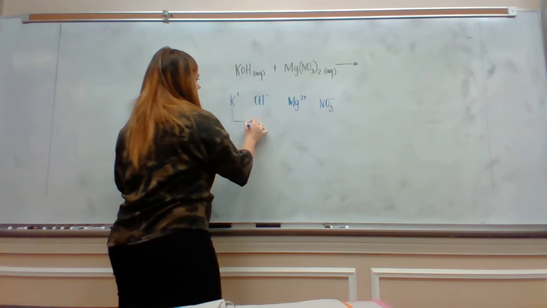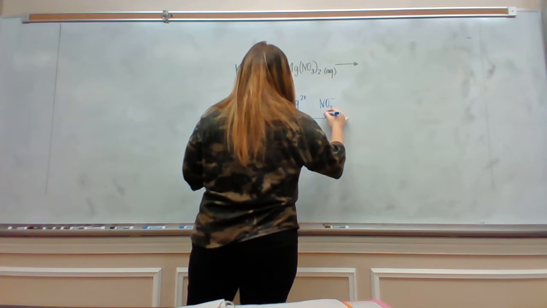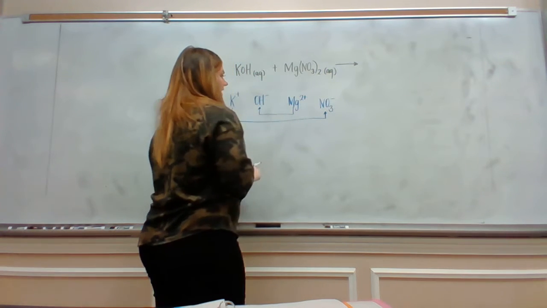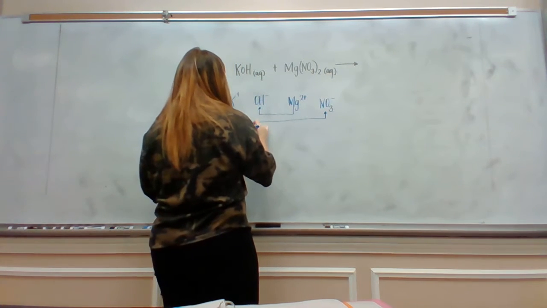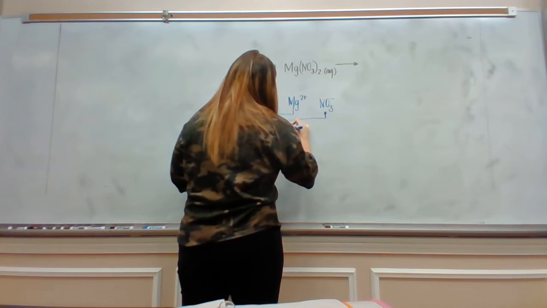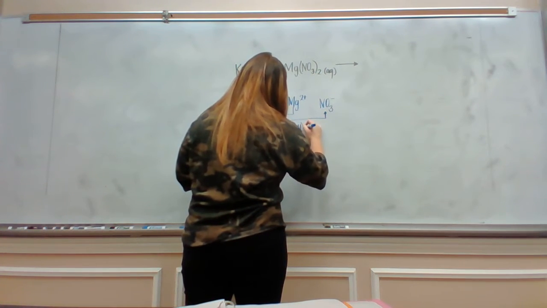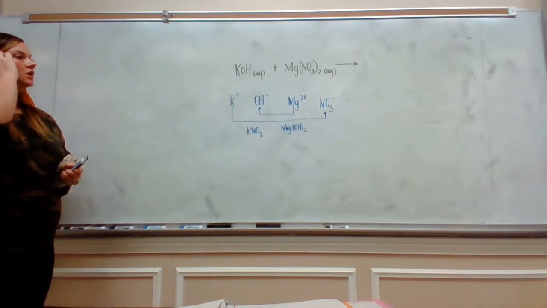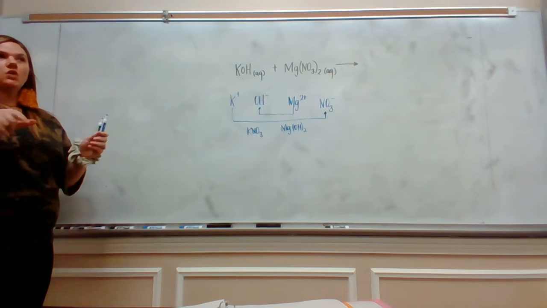So that would be potassium and nitrate, and then magnesium and hydroxide. So what we'd form would be KNO3 and MgOH, and the 2 from magnesium swaps over.